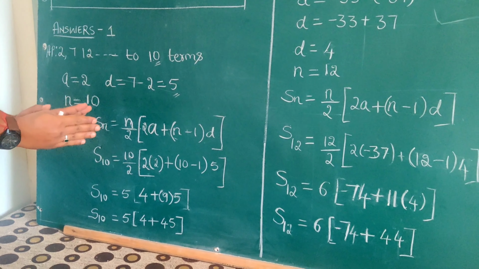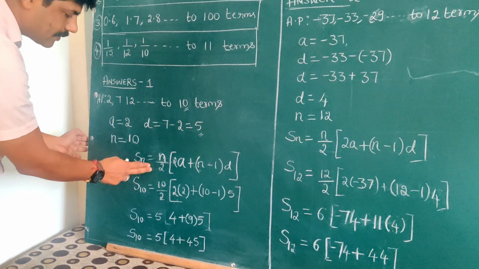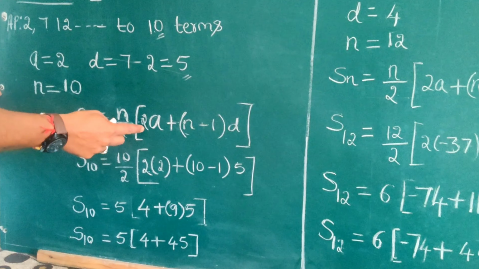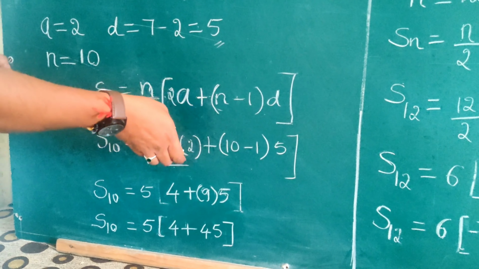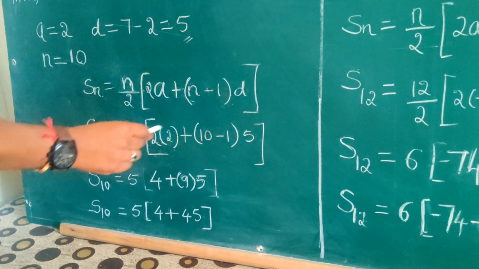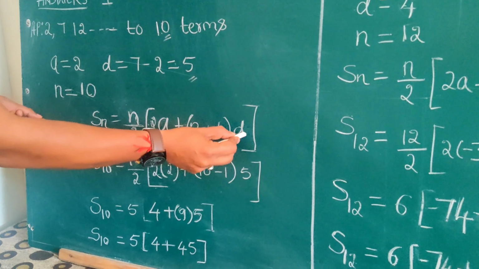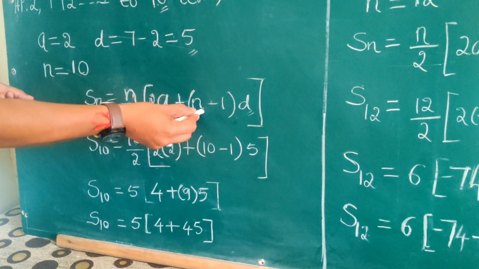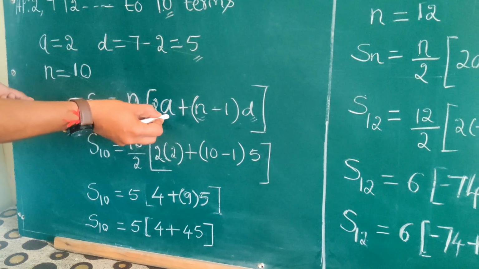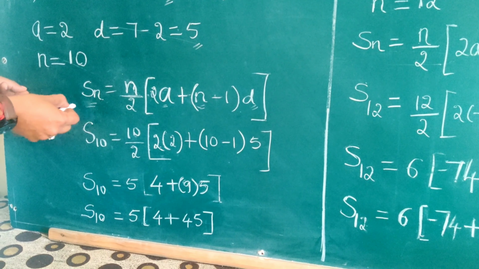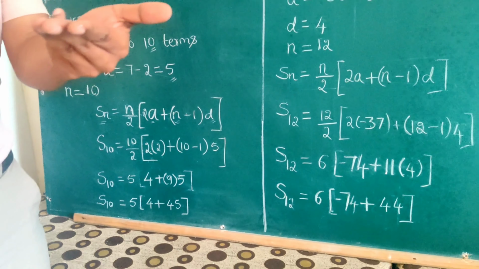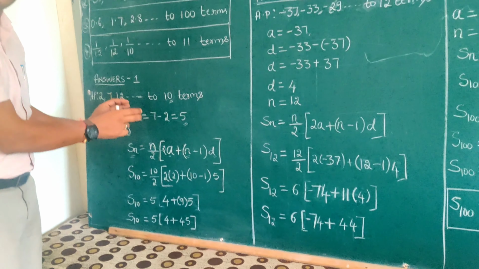So now take the formula, the Sn formula, that is Sn is equal to n by 2 into 2a plus n minus 1 into d. You observe properly, d is one parameter, n is another parameter, then a and finally Sn. There are 4 different parameters and 3 parameters are given directly.